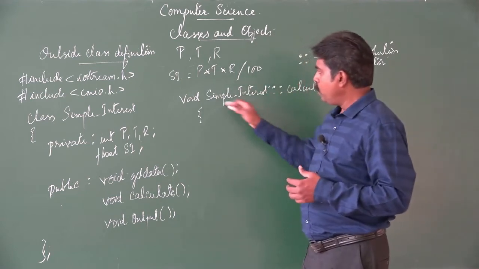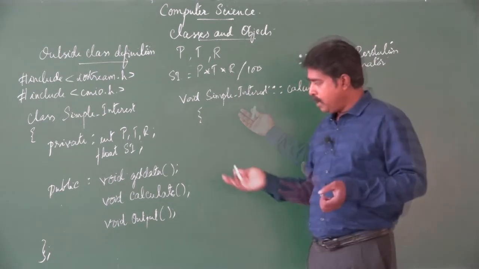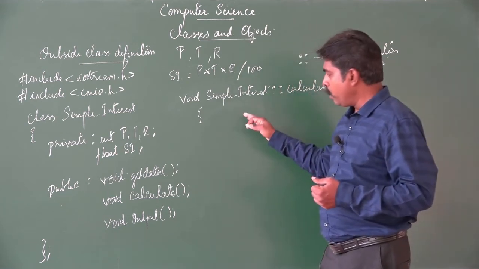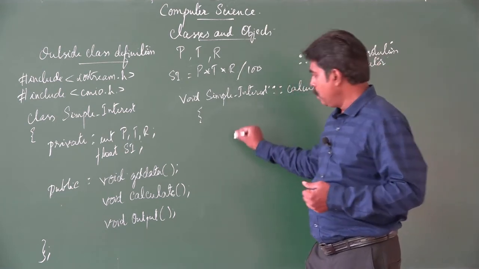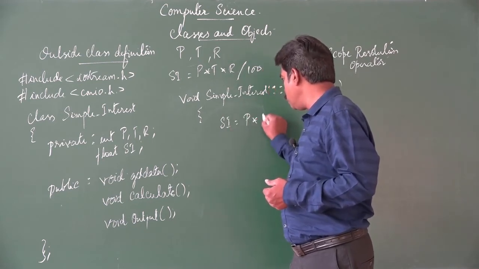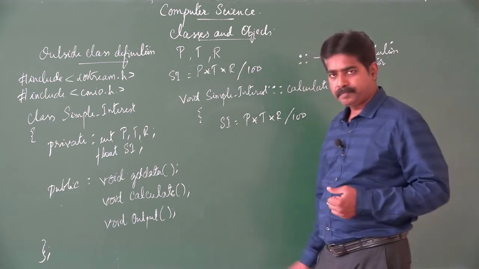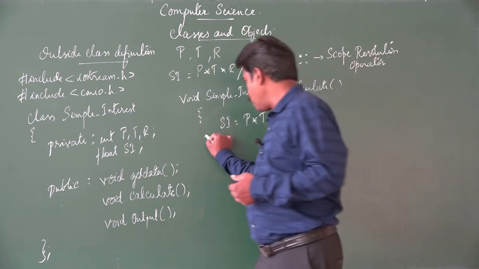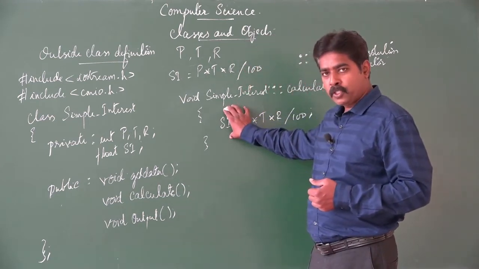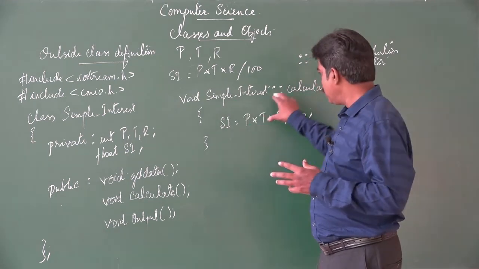Here we know the formula SI equals P into T into R. In getData we had accepted the input, so here we have the calculation part. Write SI equals P into T into R divided by 100, semicolon, close the flower bracket. So this is the member function calculate defined outside the class.